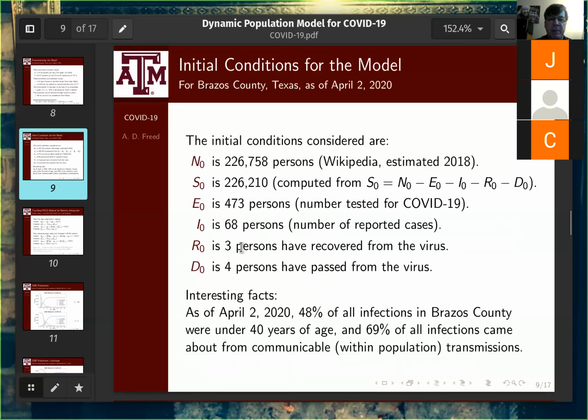Yesterday, there were 3 people who had passed away. Today, there are 4. 3 people have recovered. I haven't seen the recovered numbers of late. And we have picked up 1 more death today over yesterday. So we're at 5 who have passed away. So those are my initial conditions that I'm going to use in my analyses.